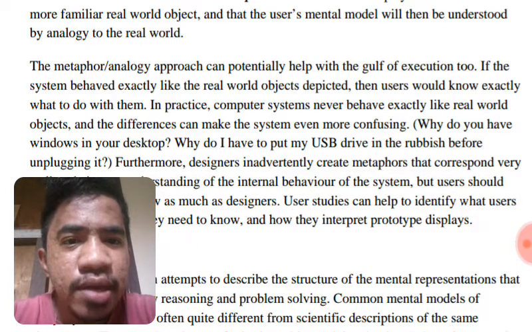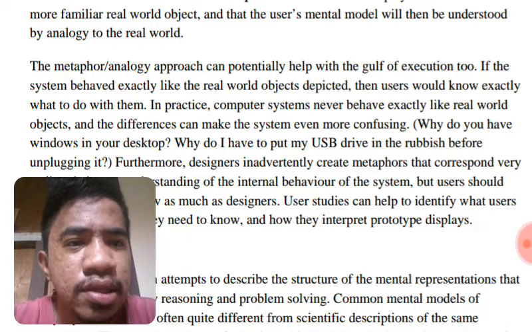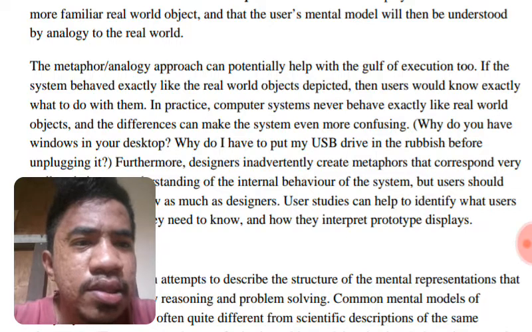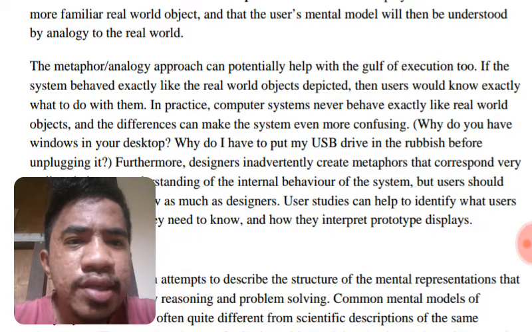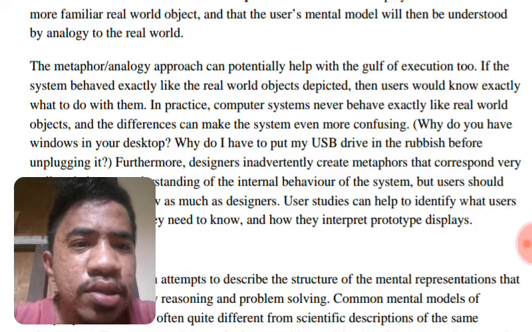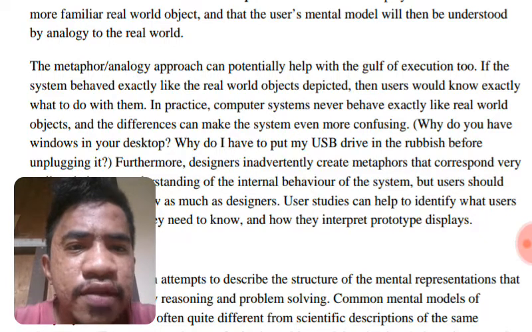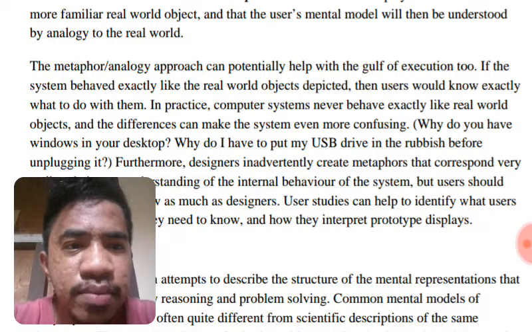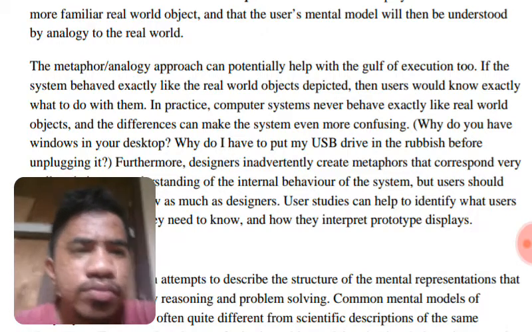If the system behaves exactly like the real world object depicted, then the user would know exactly what to do with it. In practice, computer systems never behave exactly like real world objects, and differences can make the system even more confusing.